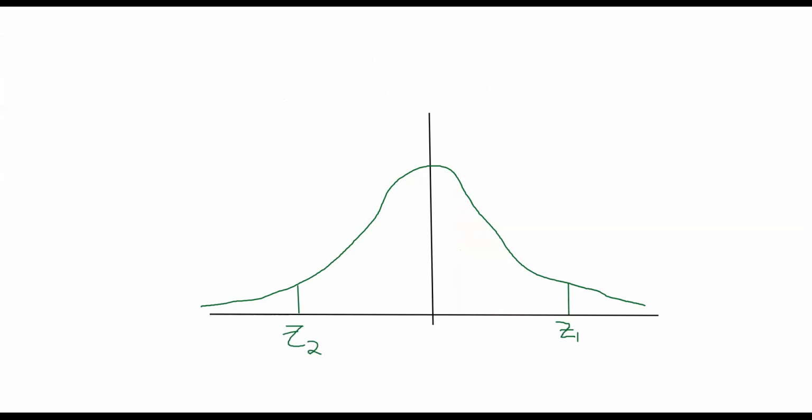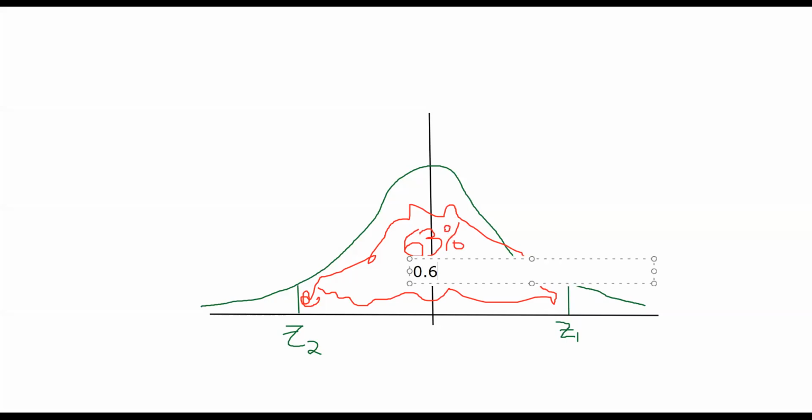And from the problem, it says we want the middle 63% of the data. So we want this shaded region here to be 63% of the data, or expressed as a decimal, 0.63. We want 0.63 to be in the middle.